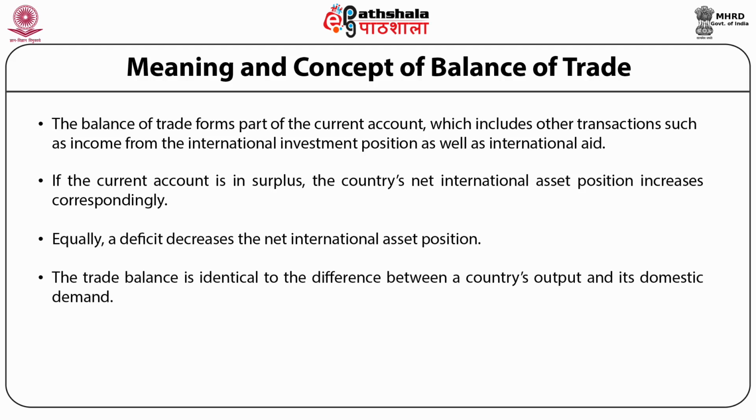The trade balance is identical to the difference between a country's output and its domestic demand. That is, the difference between what goods a country produces and how many goods it buys from abroad. This does not include money re-spent on foreign stock, nor does it factor in the concept of importing goods to produce for the domestic market.